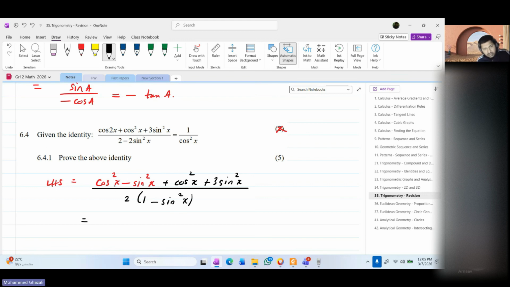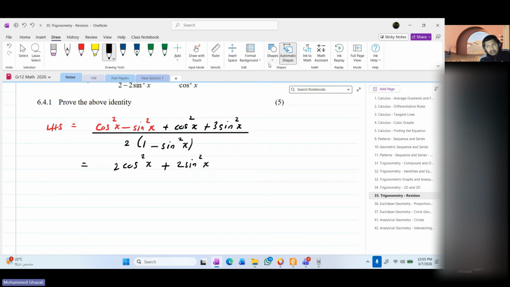Now simplify the top. Cos squared plus cos squared is 2 cos squared x. 3 sine squared x minus sine squared x is plus 2 sine squared x, divided by, oh man, this is so easy, divided by 2. What's 1 minus sine squared? Cos squared x. Okay.